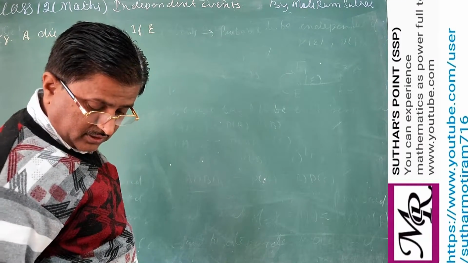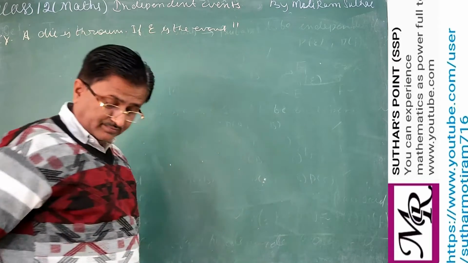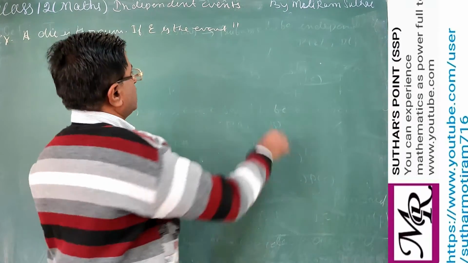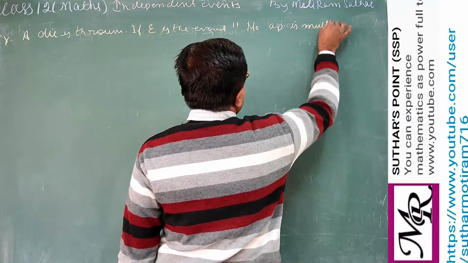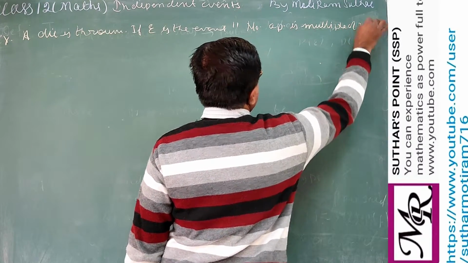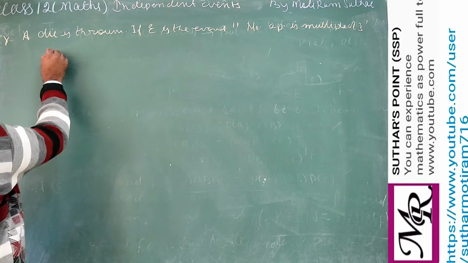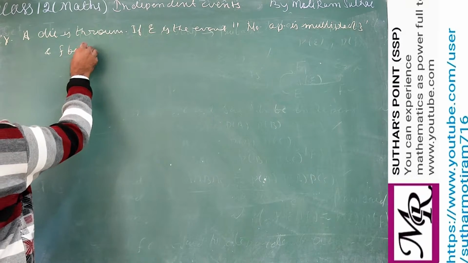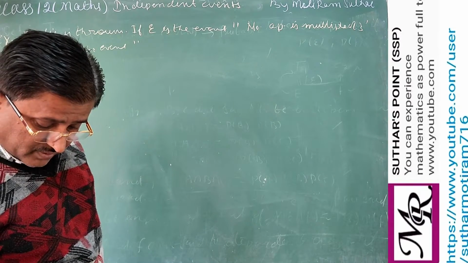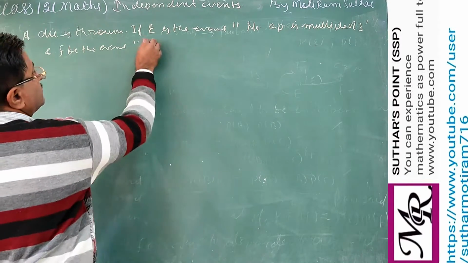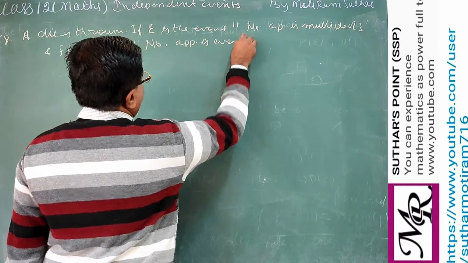E is the event that the number appearing is a multiple of 3, and F is the event that the number appearing is an even number.